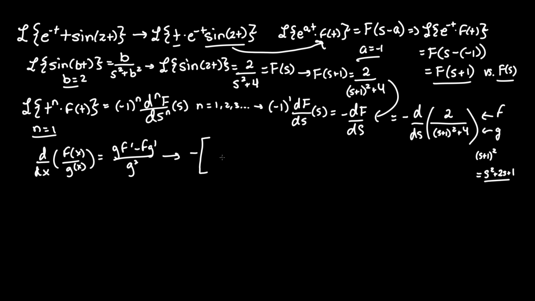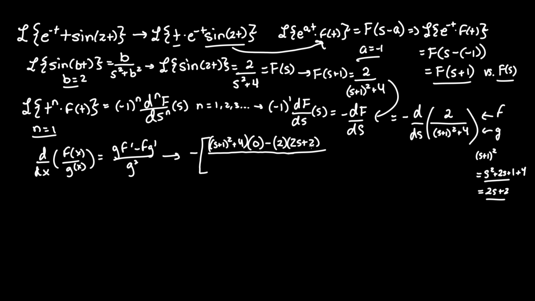So we just put g on the top: s plus 1 squared plus 4, that's the first term, times f prime, which is just the top, and we're taking the derivative of 2 with respect to s, and that's just a constant, so it's 0, minus f, which is 2, times g prime, which is the derivative of the denominator here. So the derivative of s squared plus 2s plus 1 plus 4, don't forget the constant here, 4, will equal 2s plus 2.